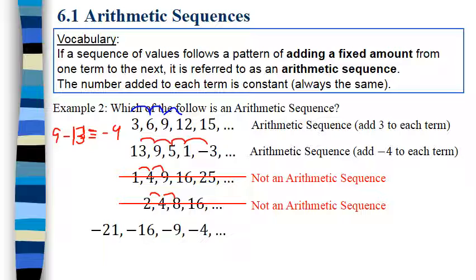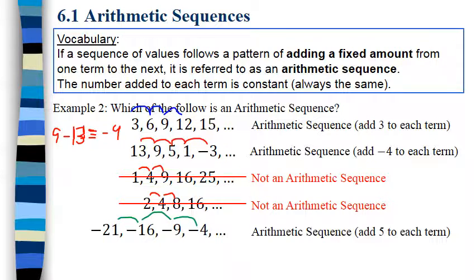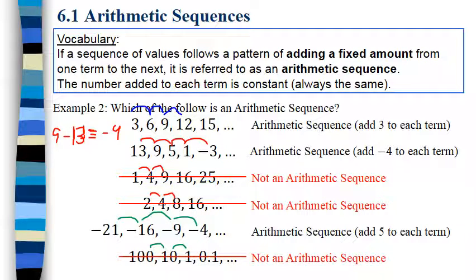Here, to go from 21 to negative 16, we have a difference of 5, and then a difference of 5, and then a difference of 5. So if we add 5 to each term, we have an arithmetic sequence. How about here? Well, here there's a difference of 90, and here there's a difference of only 9. So since the difference is not the same, it's not an arithmetic sequence.